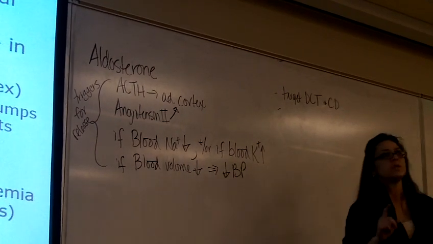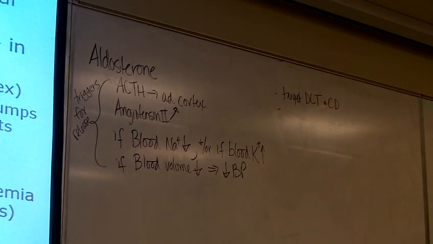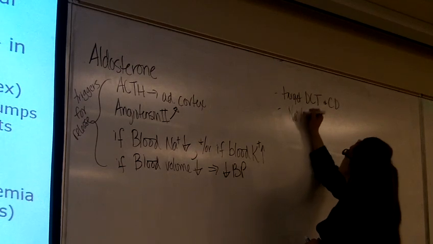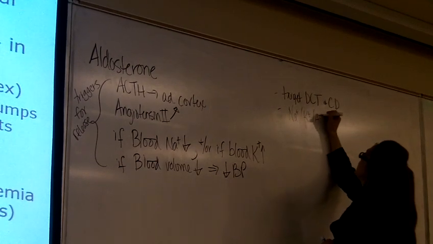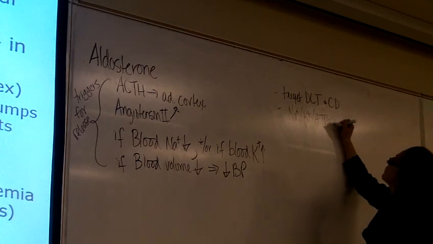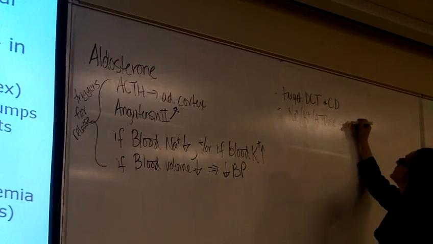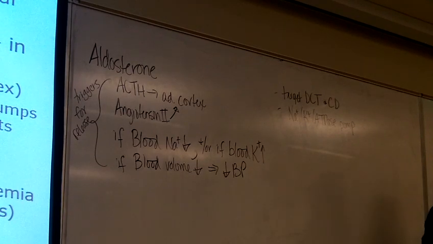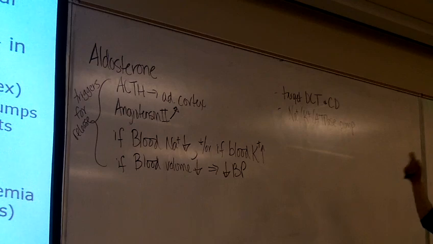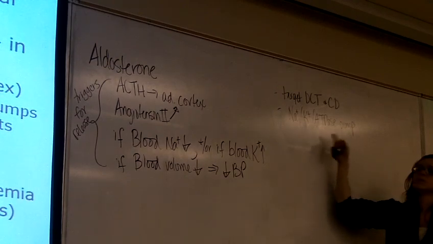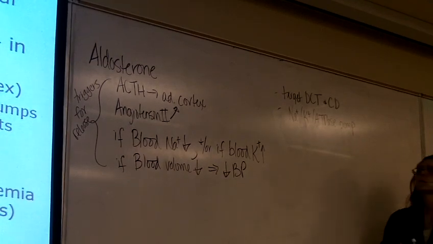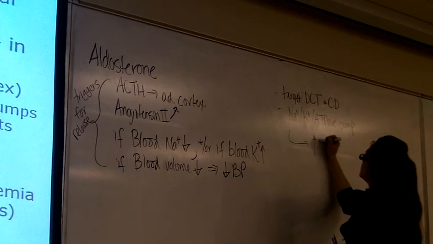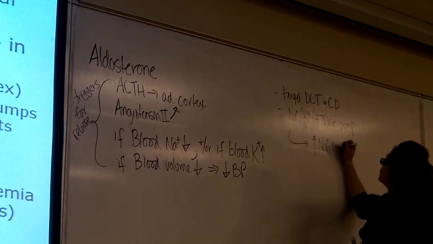And the gene that it activates is the gene that encodes for the sodium-potassium ATPase pump. So those cells of the DCT and collecting ducts, those epithelial cells, are literally going to start making more sodium-potassium ATPase pumps. And the more of those pumps, that's going to cause an increase in sodium reabsorption.